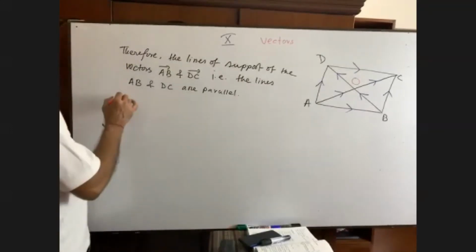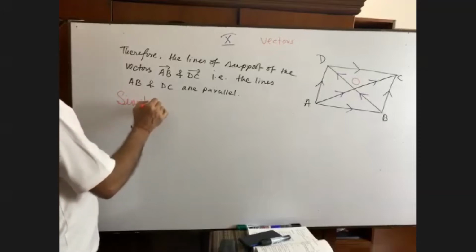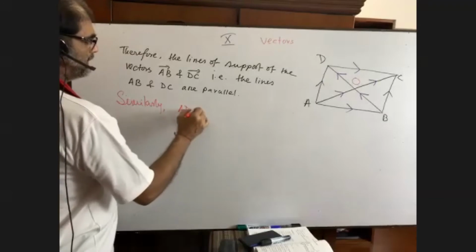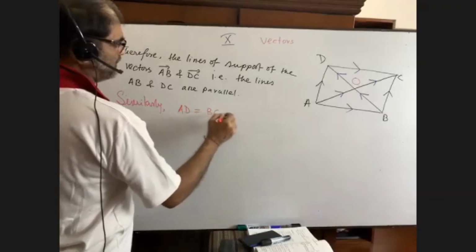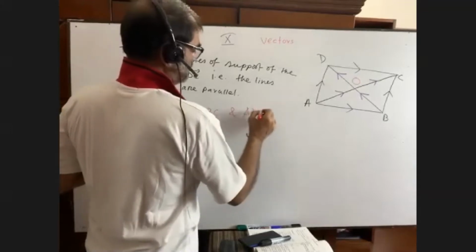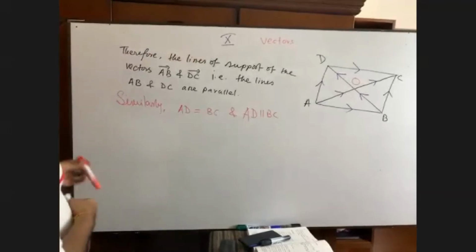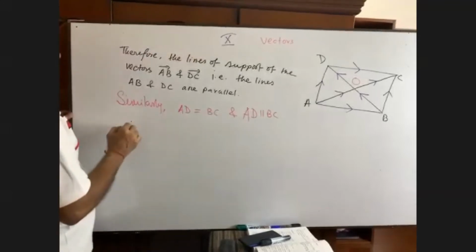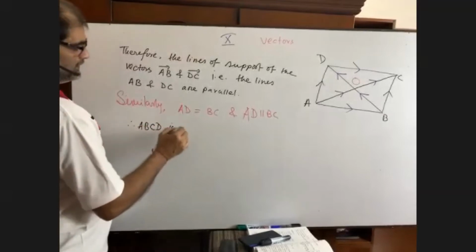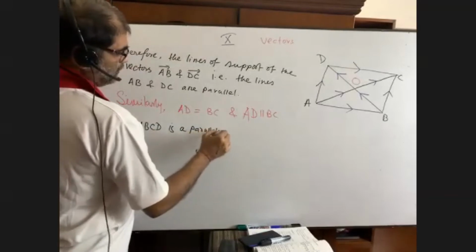Similarly, it can be proved that AD is equal to BC and AD is parallel to BC. What is meant by this? Therefore, ABCD is a parallelogram.